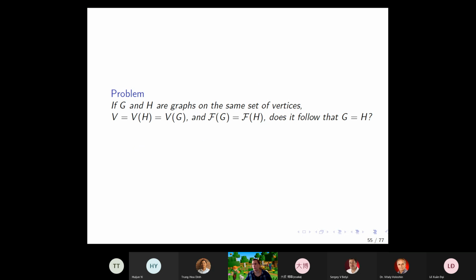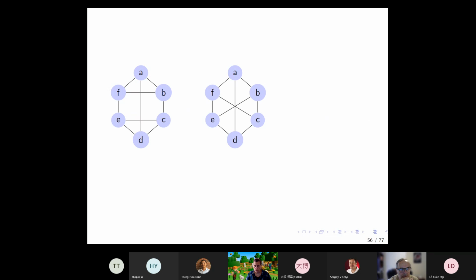If you've got 2 graphs on the same set of vertices, does it follow that if they have the same F, they have the same edge set? Oh. So do these guys have the same F function, right? Can I assign 3 watchers to B in both of these? Yeah. Can I assign 3 watchers to B and assign 3 watchers to E?